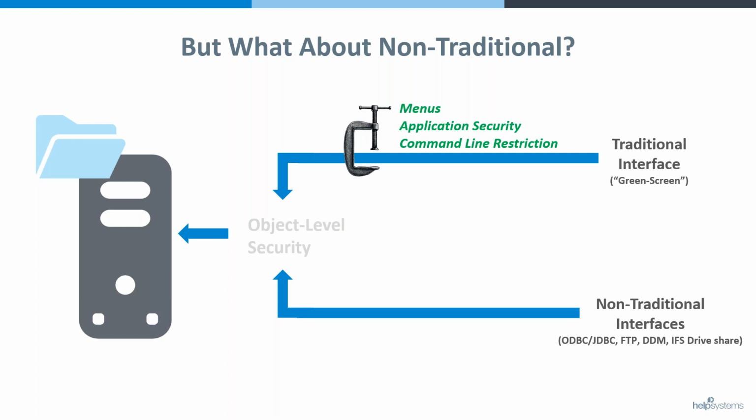There is no command line restriction to certain interfaces. So all of a sudden, these non-traditional, alternate, PC-centric interfaces, whatever you want to describe them as, are coming up. They're hitting object level security, which is basically taking a siesta, and the user is able to connect directly into the database or run a program, right?